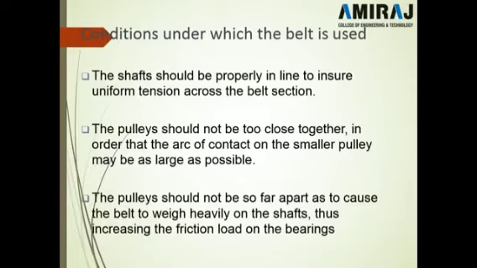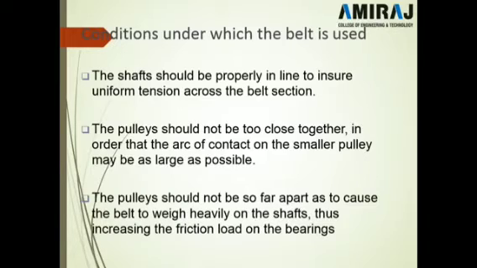Due to this, the contact of the belt with the smaller pulley is going to be less, and the power transmitted between the two shafts is going to be inefficient. So to increase the efficiency of power transmission between two shafts, the pulleys should not be too close together, as the arc of contact on the smaller pulley is going to decrease.